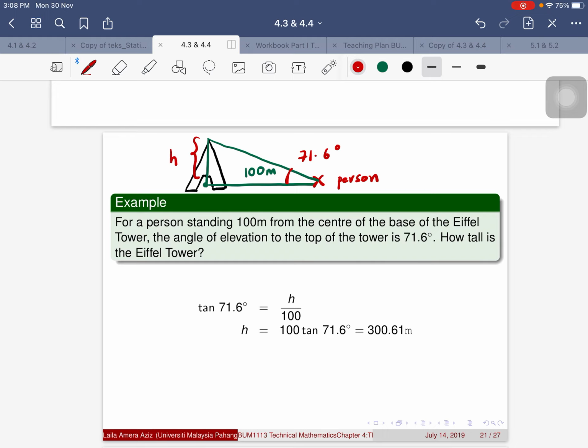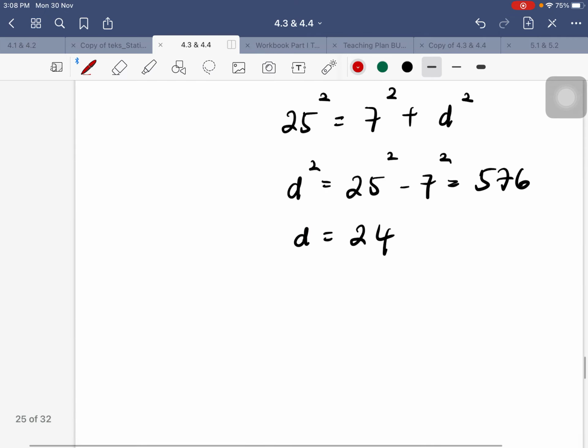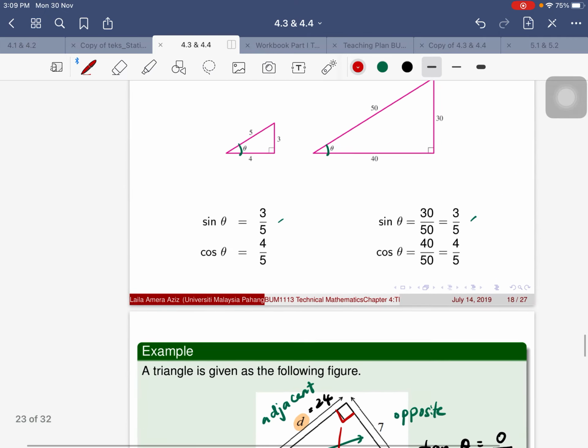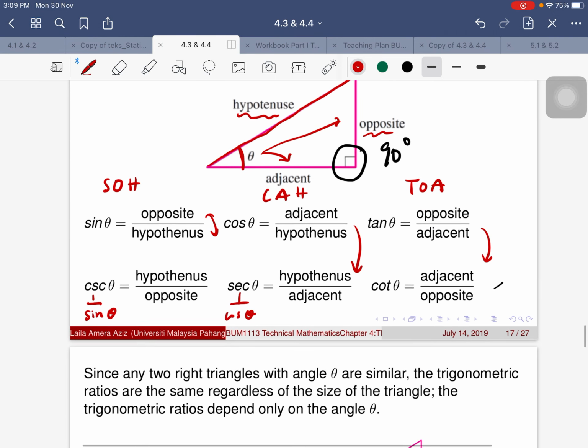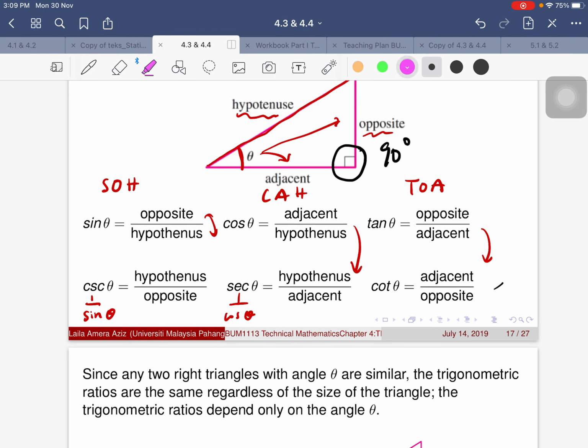Here what we have is a couple of values. We have the value of theta. We also have the value of the adjacent, which is right next to the angle. And we want to relate that with the opposite, which is going to be h. From the formula that we had, for the case that relates opposite over adjacent, you can use tangent, because tangent is opposite over adjacent.